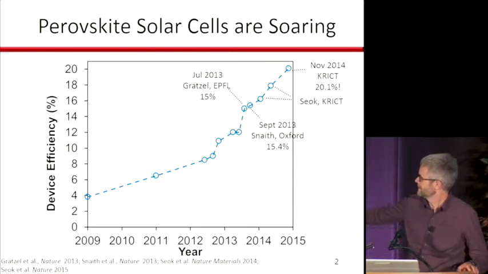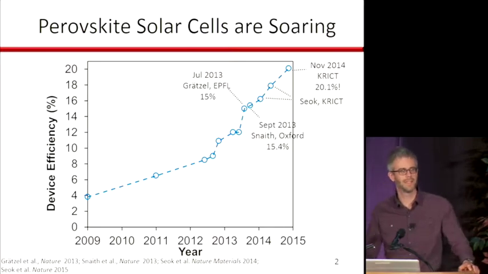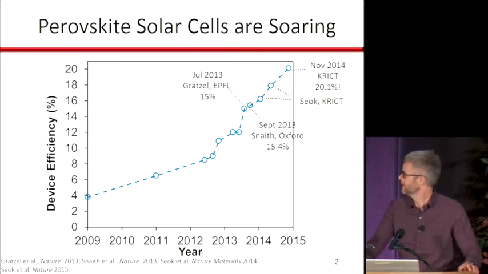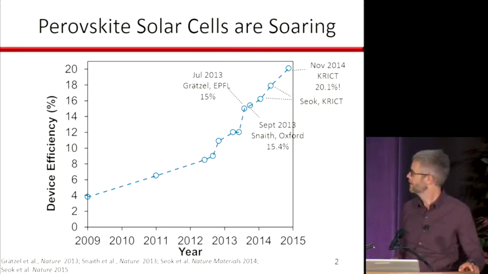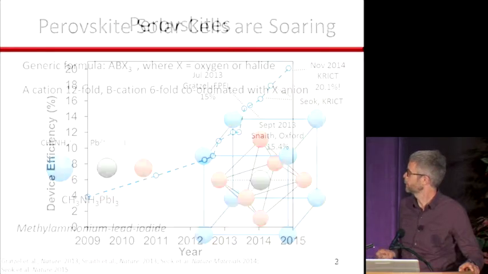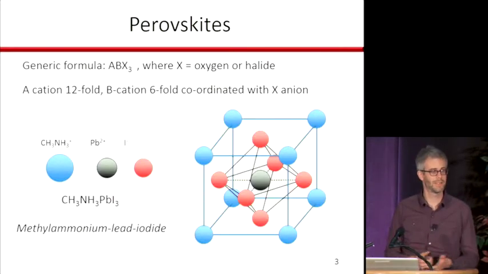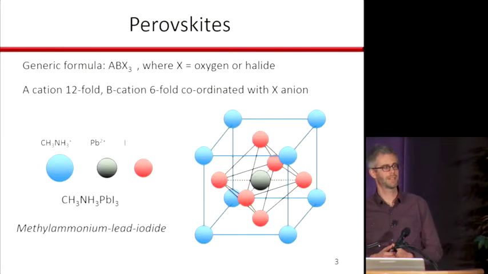Since then, things have exploded in the international community, and the efficiency in a few years has gone from a few percent to a little bit over 20%. So I'll tell you what we've learned about these materials in the last few years.